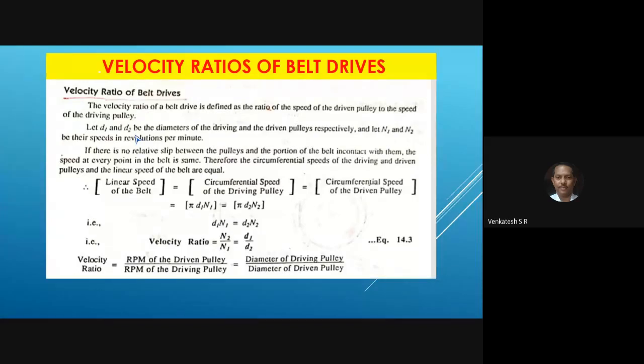And next line, write down. Let N1 and N2 be their speeds in revolutions per minute, RPM.